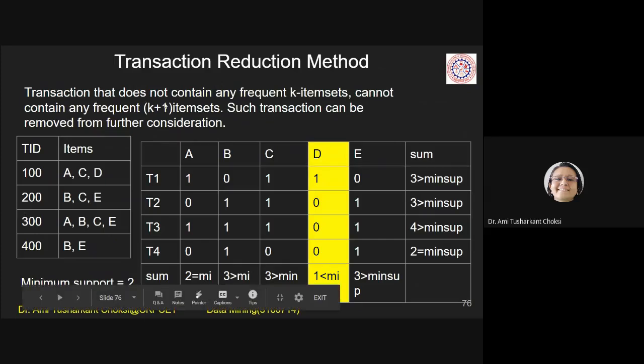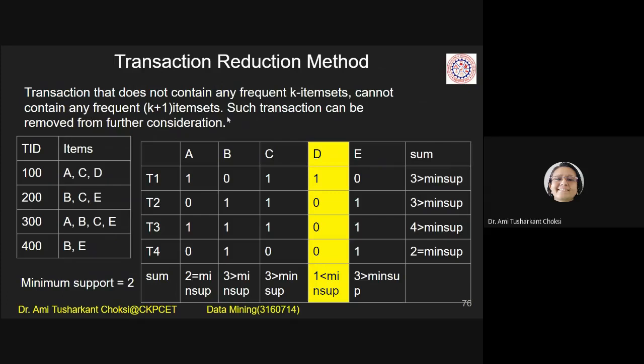A transaction that does not contain any frequent k-item sets cannot contain any frequent k+1 item sets. Such a transaction can be removed from further consideration.